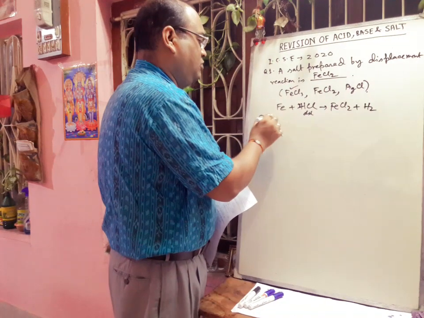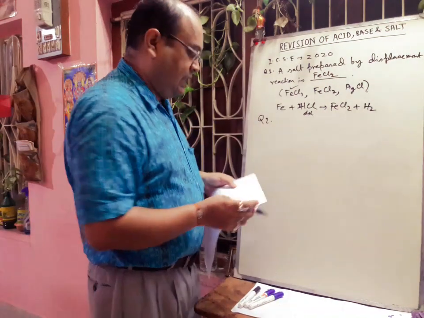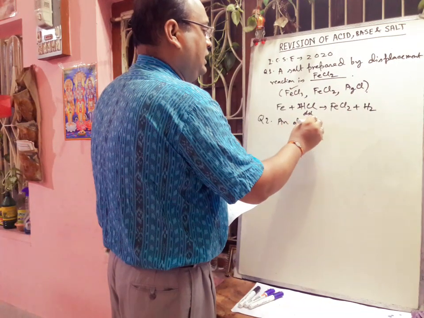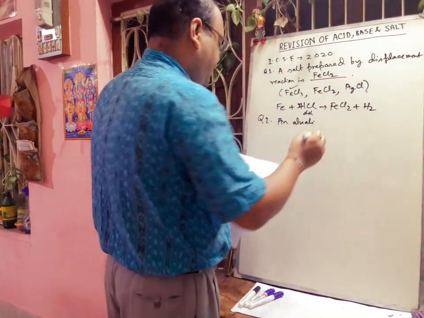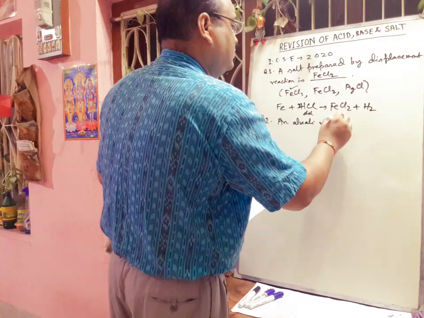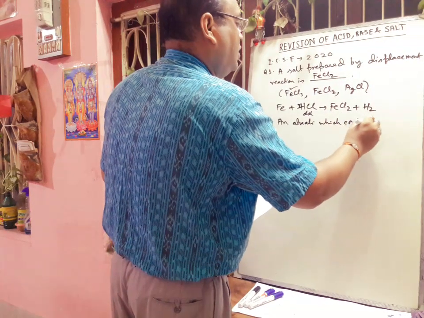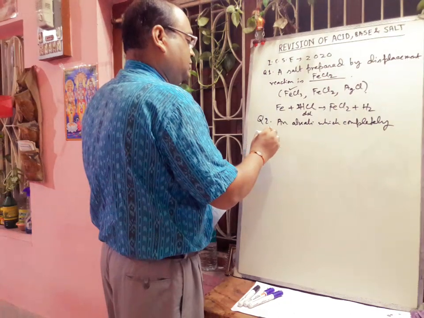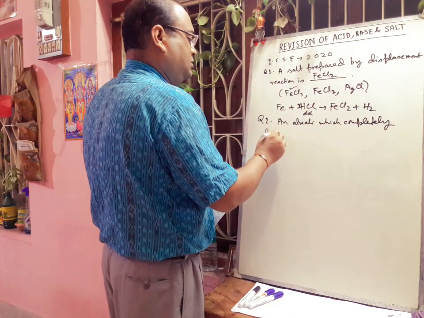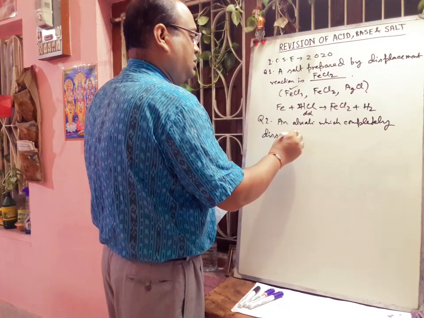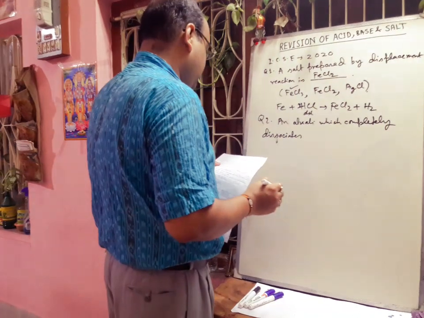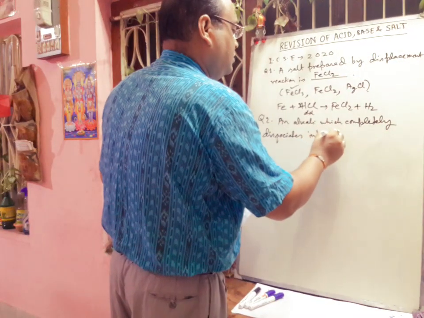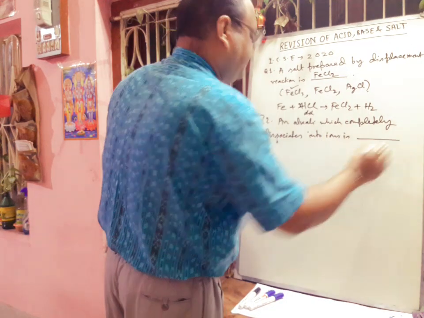Next, question number 2. An alkali which completely dissociates into ions is dash.